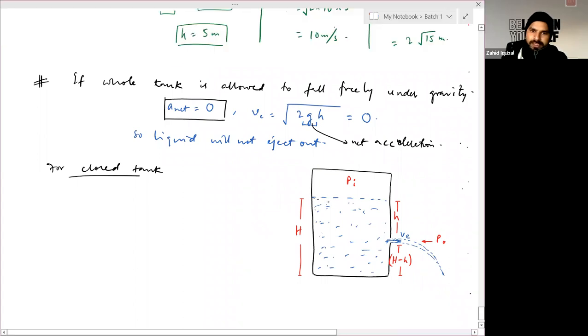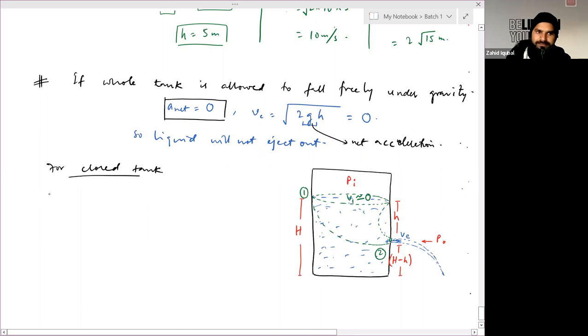Consider this entire part in the form of a tube like this. So let's say this is position first and this is position second. Velocity of liquid going downward at this first point will be almost zero.